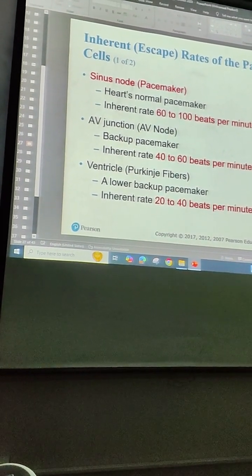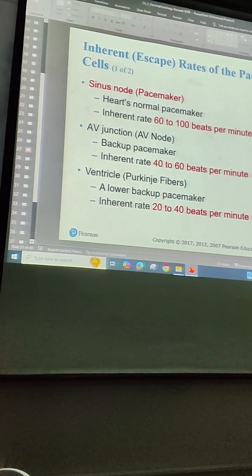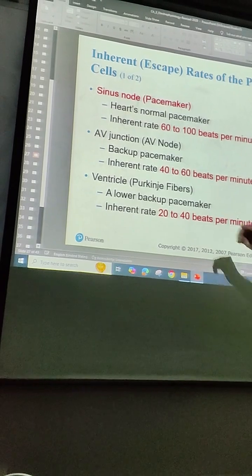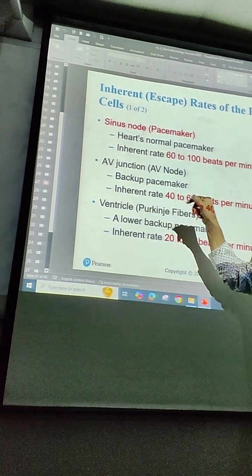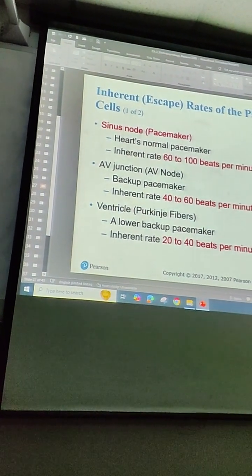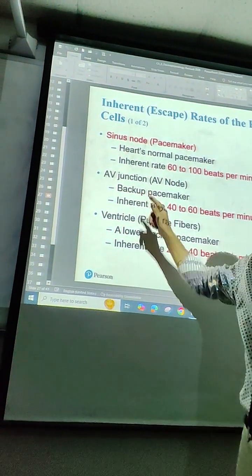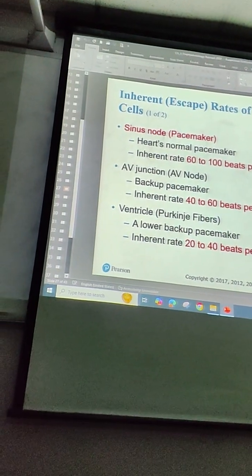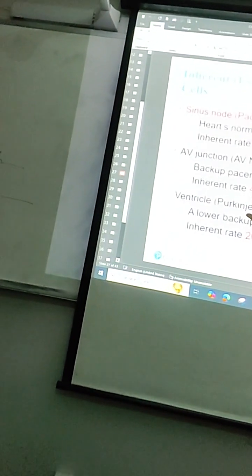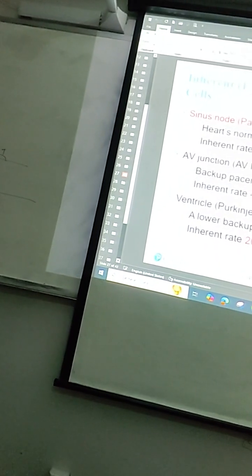What about the second battery? It says right here, a backup. These are backup batteries, because if this doesn't work, this takes over. But if you notice, it's gonna take over at a lower heart rate.